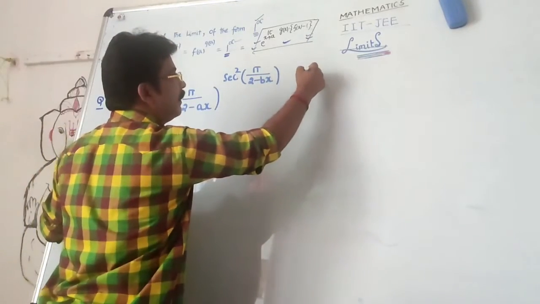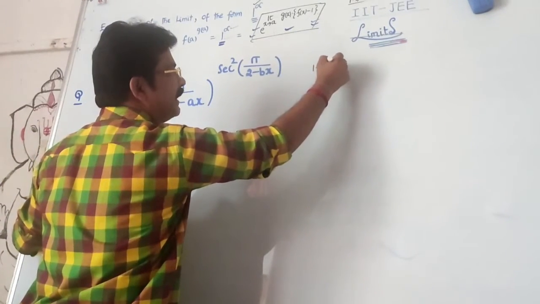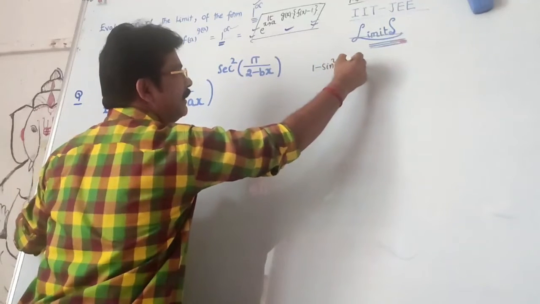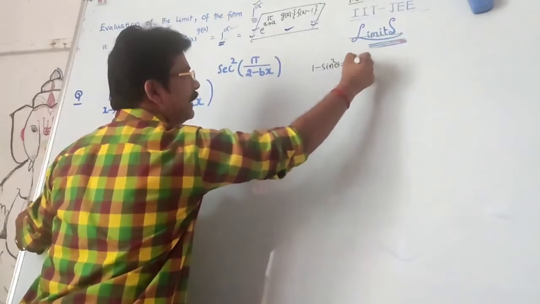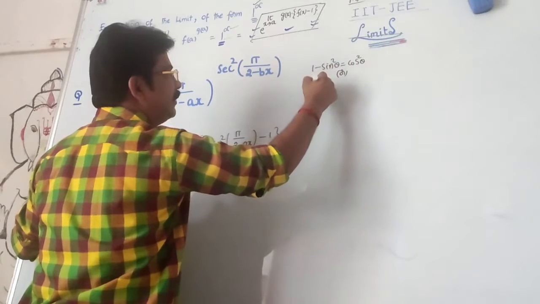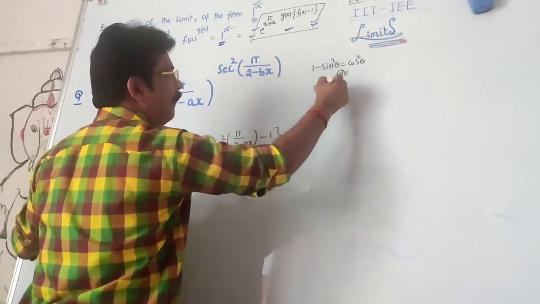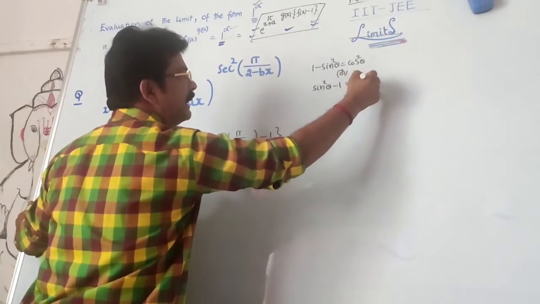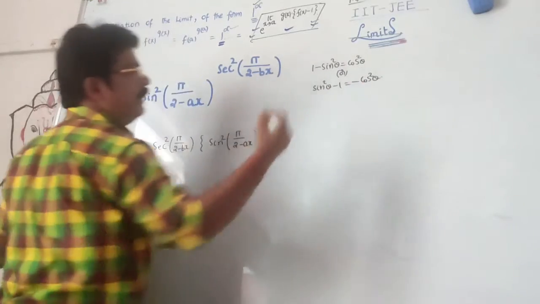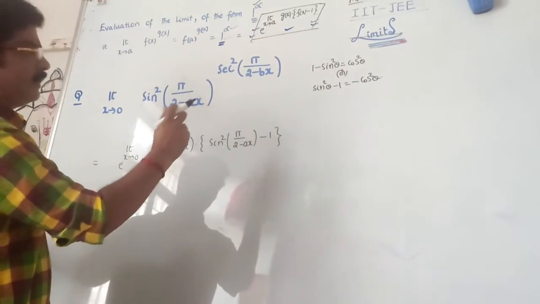Actually, the basic formula: 1 minus sin square theta is equal to cos square theta, or sin square theta minus 1 equal to minus cos square theta, multiplying with minus on both sides.